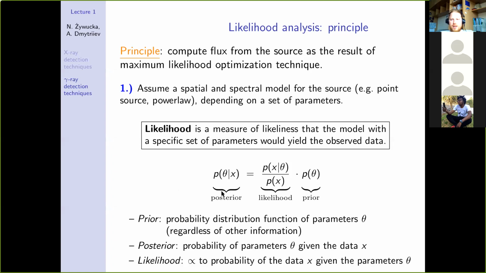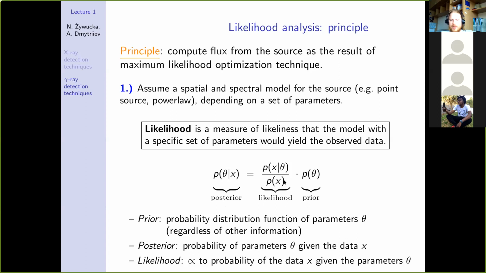And then there is a posterior probability. Let's say the prior probability of getting heads is 50%. We assume the coin is fair, but the posterior probability is the probability of the parameters given the data. So you see, prior is a probability distribution of the parameter, and posterior is the probability of the parameters given the data. So, the probability of fairness of the coin, for instance, given our measurements.